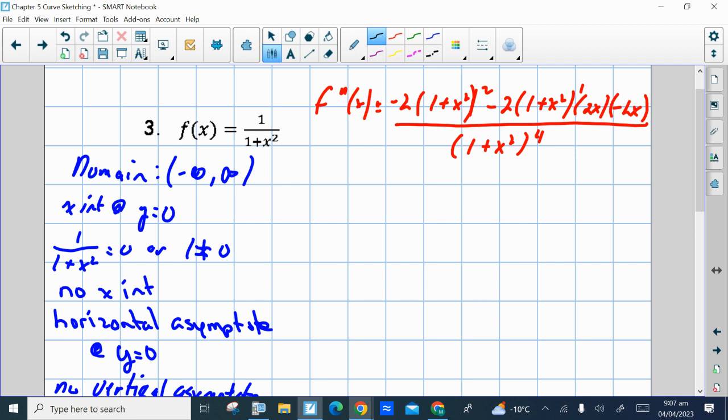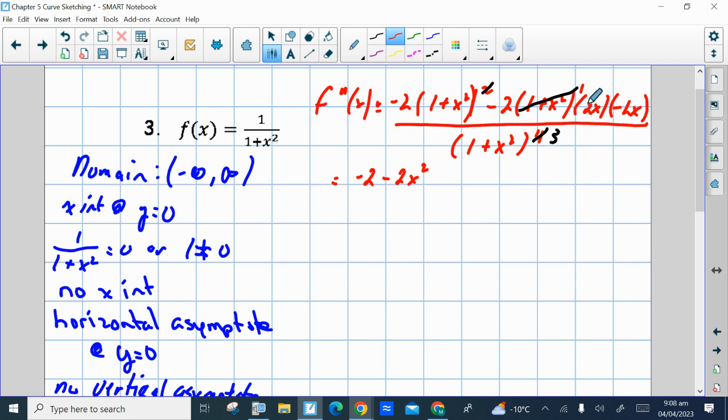And because there's at least one factor of 1 plus x squared in all three terms, that's where we'll start. We'll divide all three terms by one factor of 1 plus x squared. So this gives us negative 2 minus 2x squared.